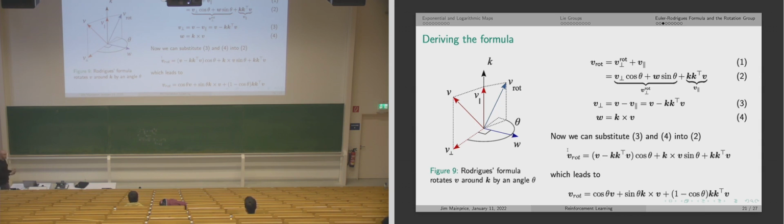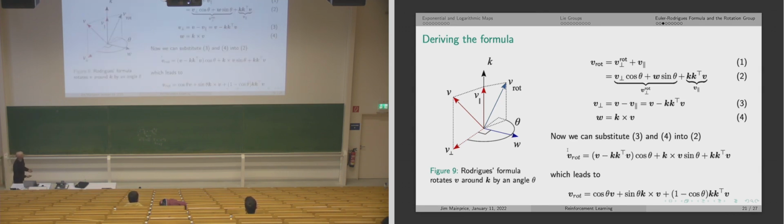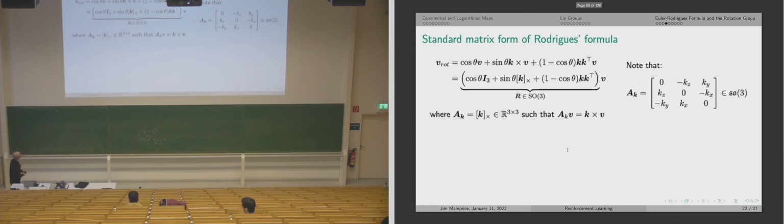So the next step is to put that into a matrix equation. And the way we do that is we factor by v. And in order to factor by v, we have to introduce an identity matrix here, and we have to introduce a skew-symmetric matrix.